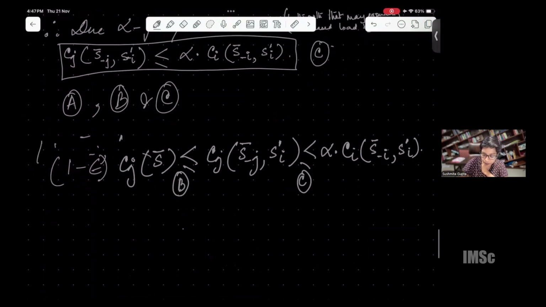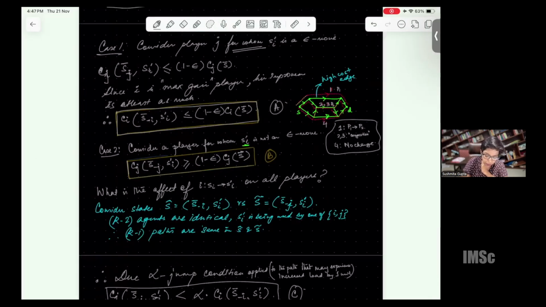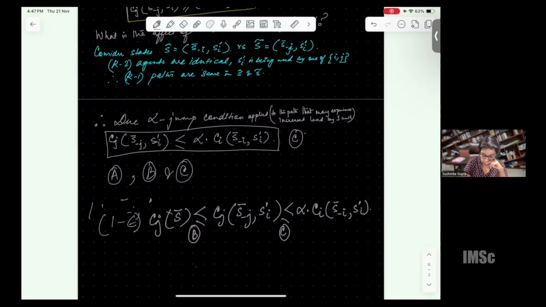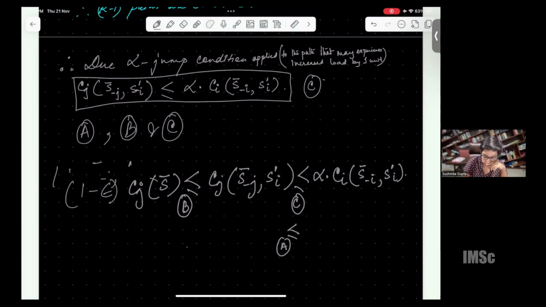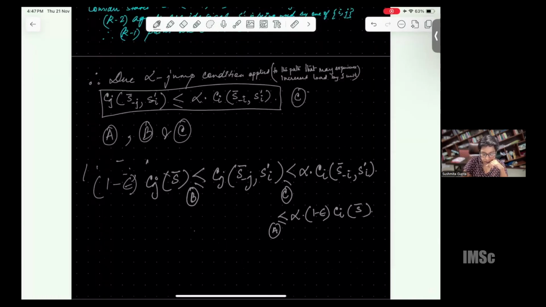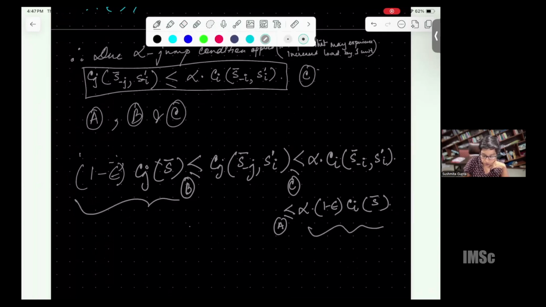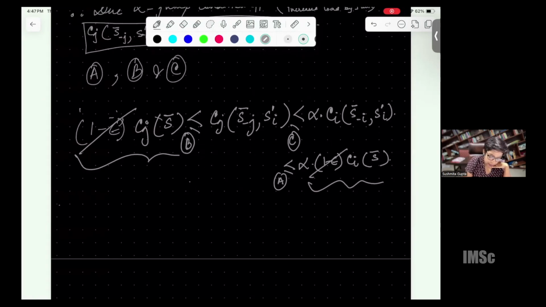Now, A actually tells me how good is I's improvement, right? Player I's improvement vis-a-vis what he was before. So that is alpha times 1 minus epsilon Ci of S bar. I just combine B, C, and A. Nothing else. What do I get? This quantity and this quantity, if I can cancel, what I get is this.